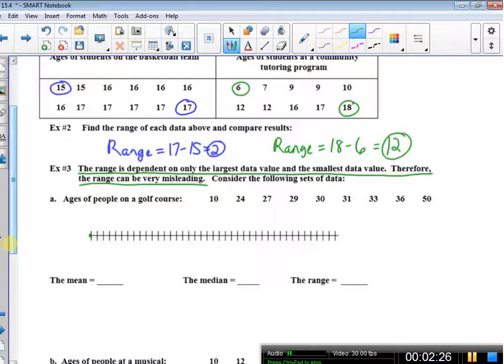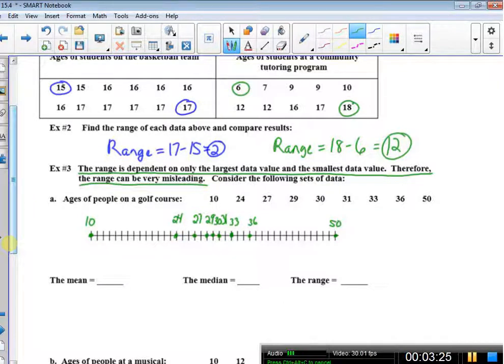I'm going to put 10 at the lowest point, and then count up: 11, 12, 13, and so on through 24, 25, 26, 27, 28, 29, 30, 31, running out of room there, 32, 33, 34, 35, 36, 37, 38, 39, 40, up to 50, right at the very end.